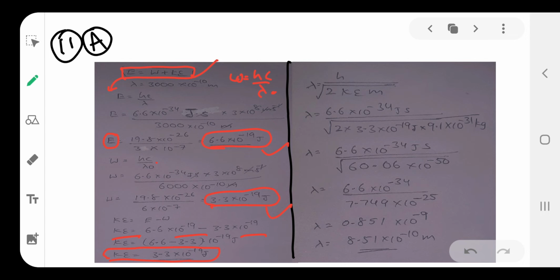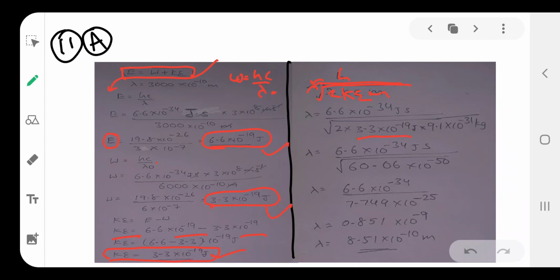The wavelength and kinetic energy relation is lambda is equal to h by under root of 2 KE m. So lambda is equal to h, value 6.6 into 10 power minus 34 joule second, by under root of 2 into kinetic energy, which we already got as 3.3 into 10 power minus 19.